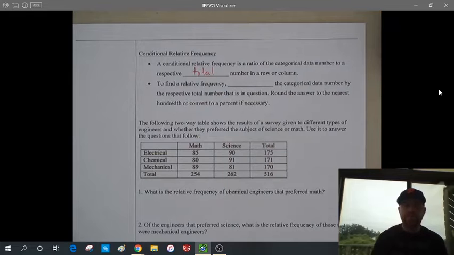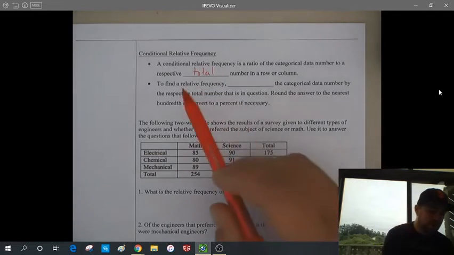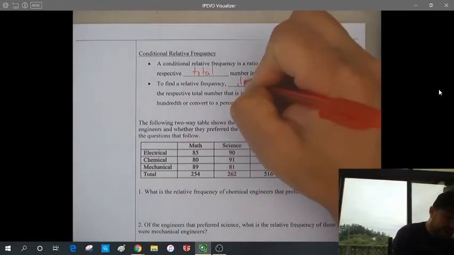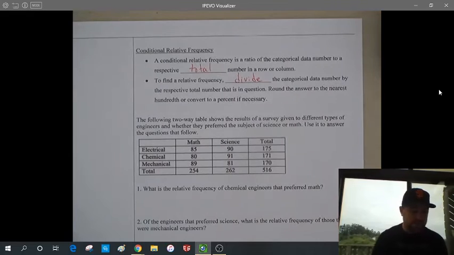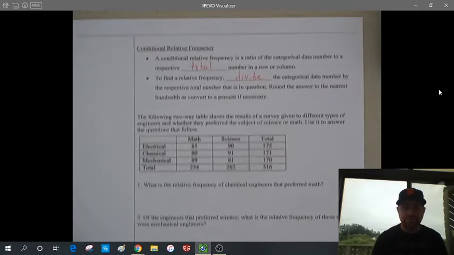So instead of dividing by the overall total, we choose whichever respective total number that we need to use. We're still going to divide the categorical data number by the respective total number that is in question. Round the answers to the nearest hundredth, or convert it to a percent if necessary.